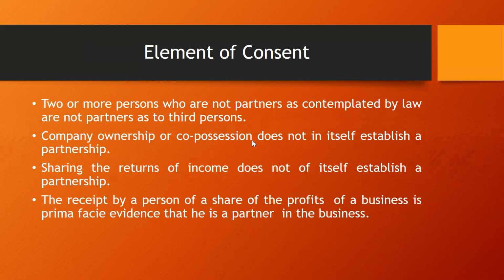So in that particular scenario, we have a rule contemplated by law that the persons who are not partners within themselves are also not considered as partners as to third persons. So an example of that is, for example, A, B, C are selling vegetables.